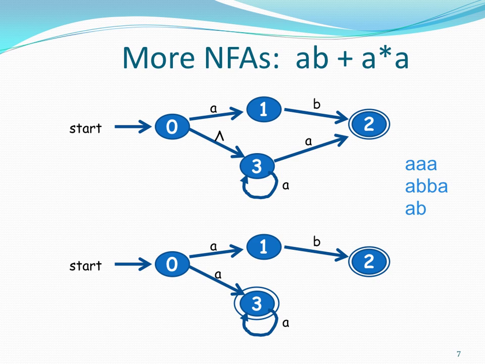Hopefully you'll agree with me that AAA is in this language, and so is AB, but ABBA is not in the language. So let me show you how both the first and second strings are in the language for both of these NFAs, and how the middle string is not.